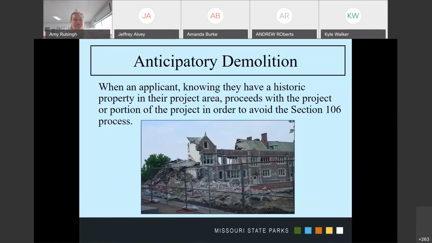That's called anticipatory demolition. They have gone ahead, they have demolished the property, anticipating the Section 106 process and wanting to avoid it, knowing that it was a historic property.